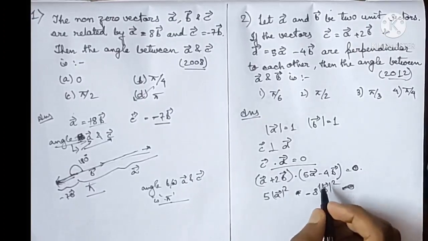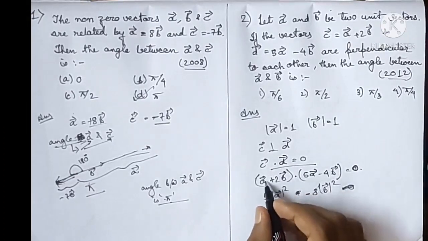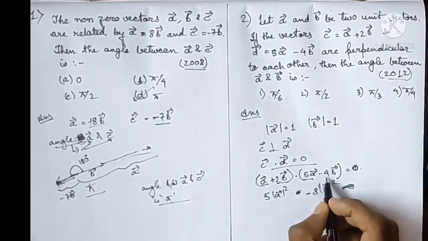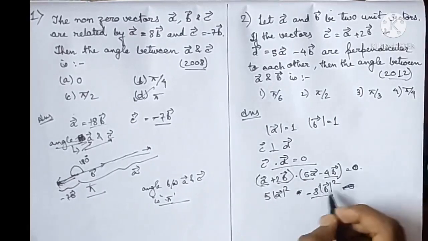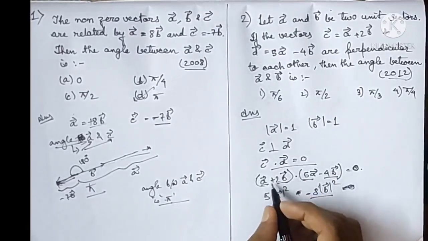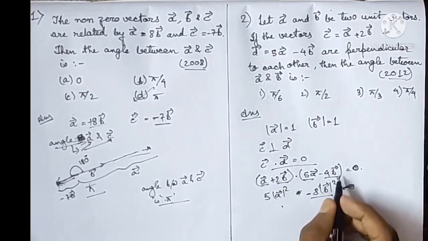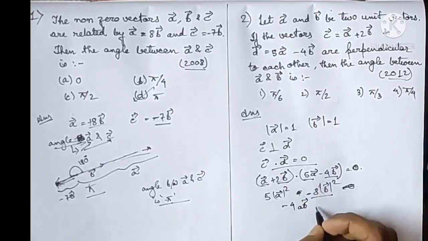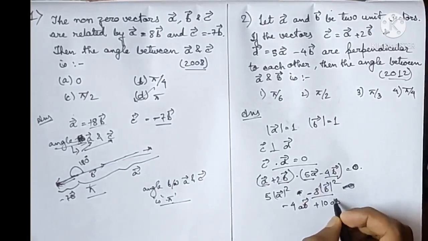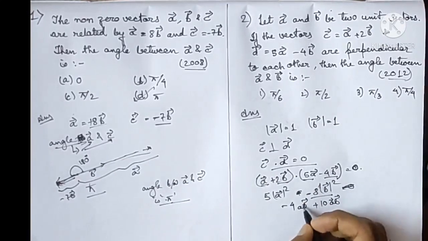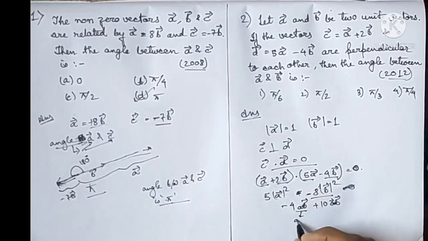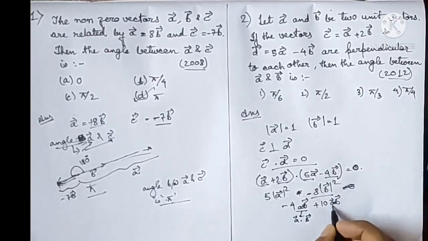We are multiplying this with this, we get this one, we are multiplying this and this, we get this one, and then we have two more combinations to follow, that is A with this one, that is minus 4 AB, and this one as plus 10 AB, right? And this AB must be A dot B, sorry, I didn't mention it. Same goes here also.